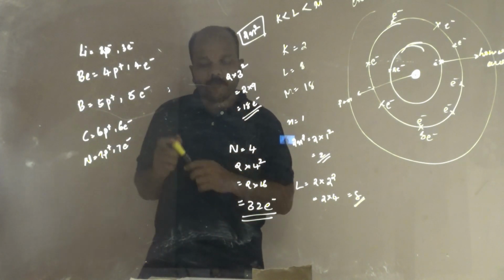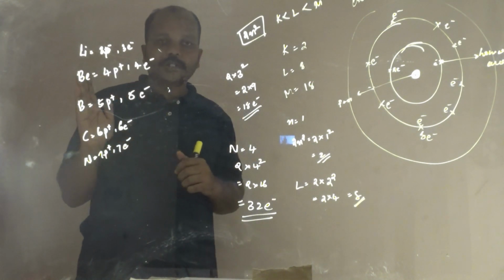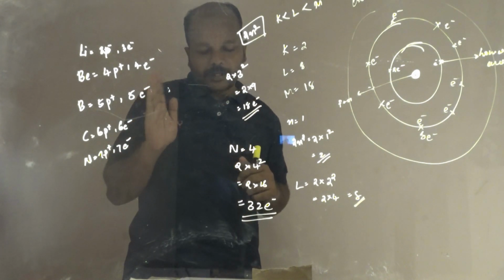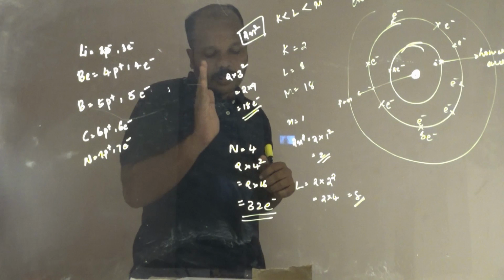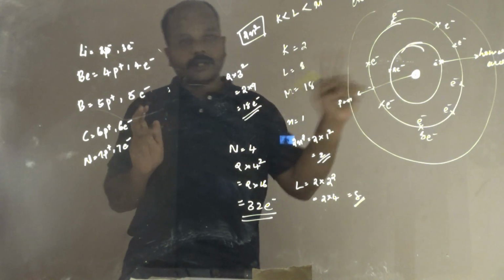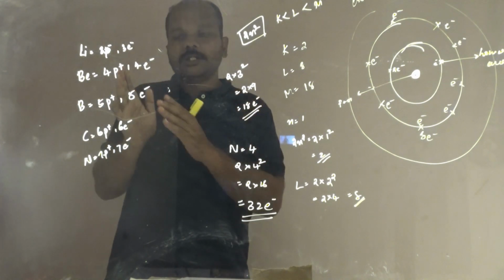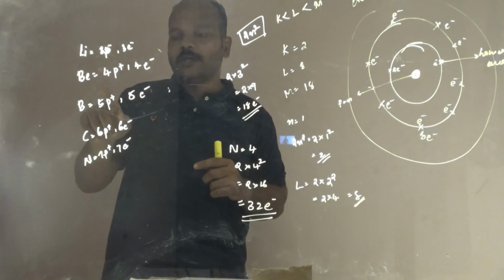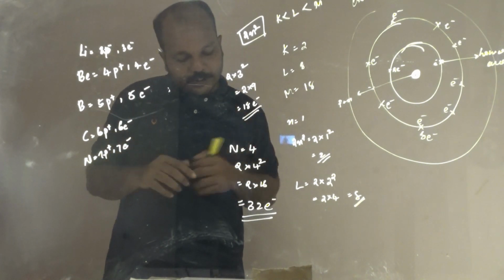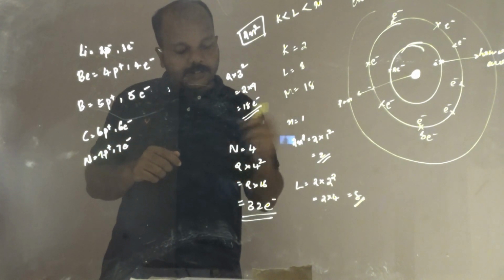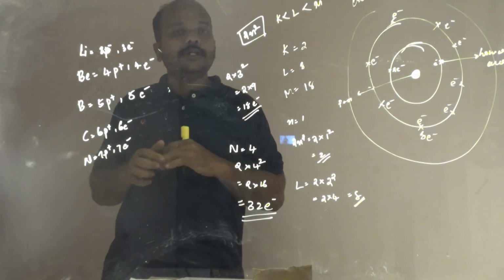When we go from one side to the next, lithium, beryllium, boron, carbon, nitrogen, oxygen, fluorine and neon, the number of protons just increases by one: 3, 4, 5, 6, 7. Then the eighth is oxygen, the ninth is fluorine, and the tenth is neon.